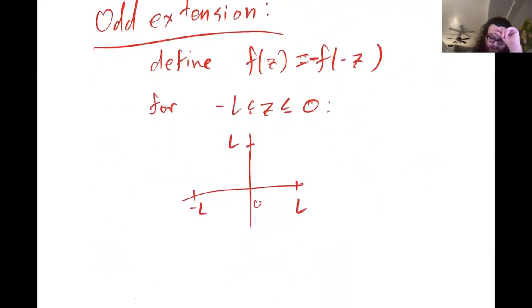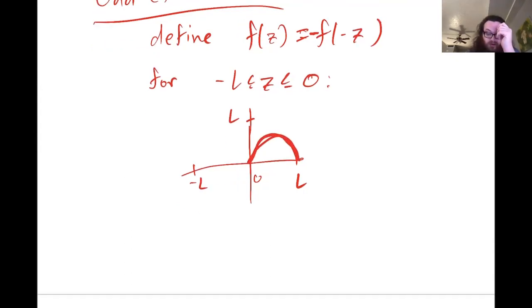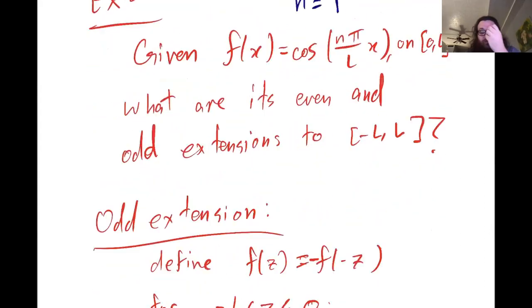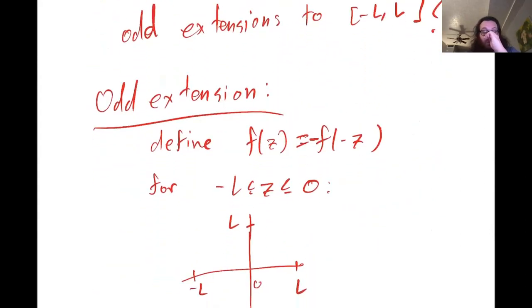So for the sketch, f of x. Right, oh, that's not correct. So cosine of pi x over L, when x is equal to 0, it's going to be like that.